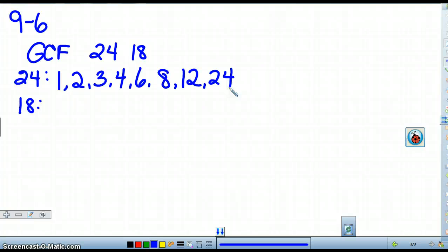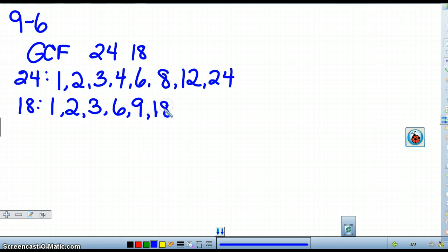Now we'll do the same for 18. 1, 2, 3, no 4, no 5, 6, no 7, no 8, 9, and then that's it until we get to 18.